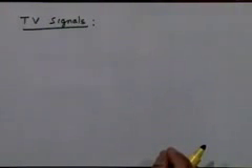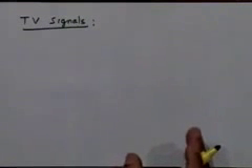The TV signal is a moving picture signal. So when it is a moving picture signal, you have to make sure that you don't lose the essence of motion itself.